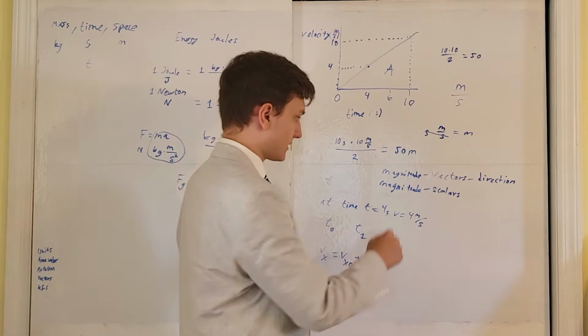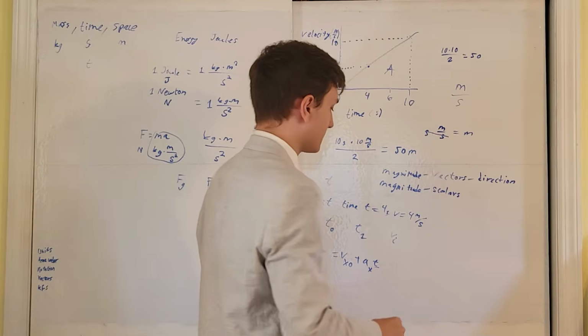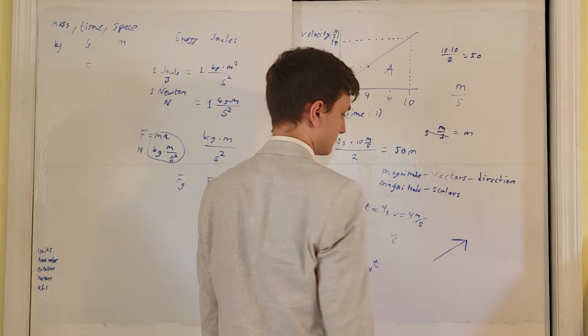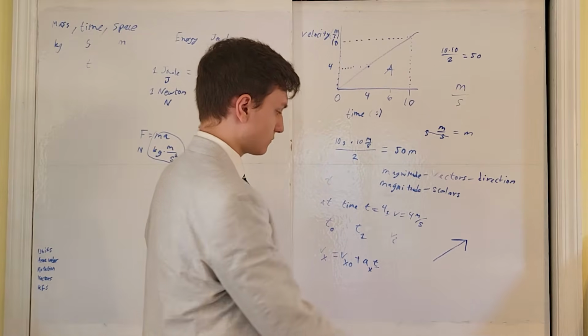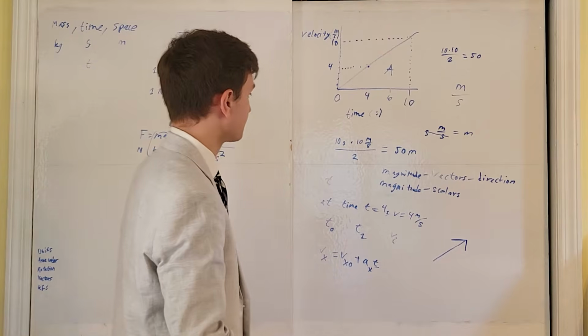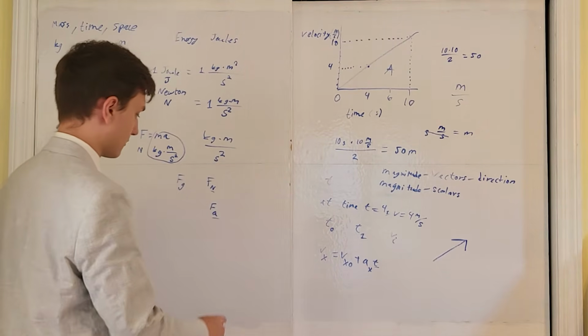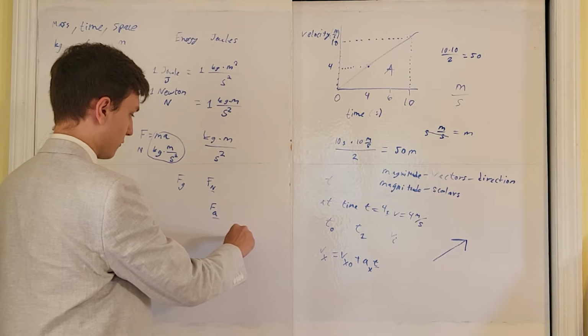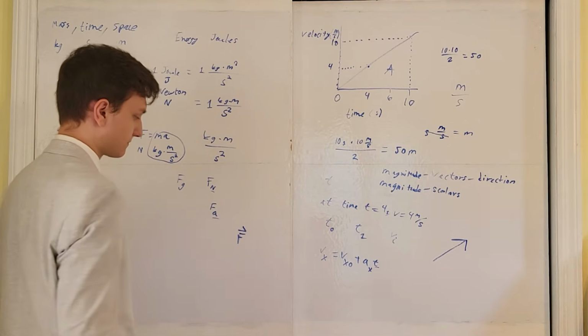So, vectors are unique because the way we represent a vector is with an arrow. Okay? Now, any vector has a special notation. Oftentimes, you will see a vector represented as such. For example, force is a vector, so you could represent force like that.